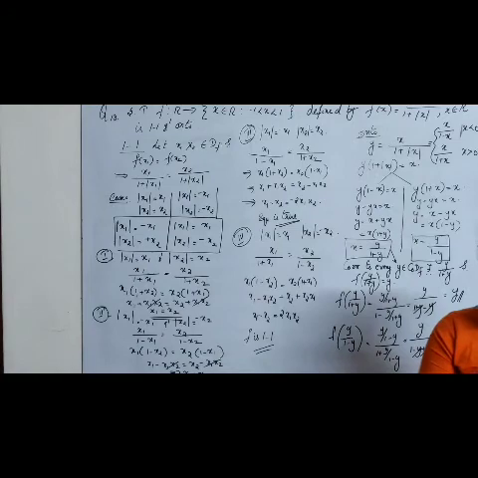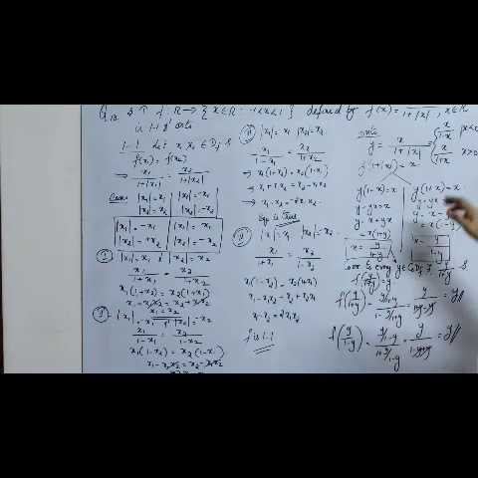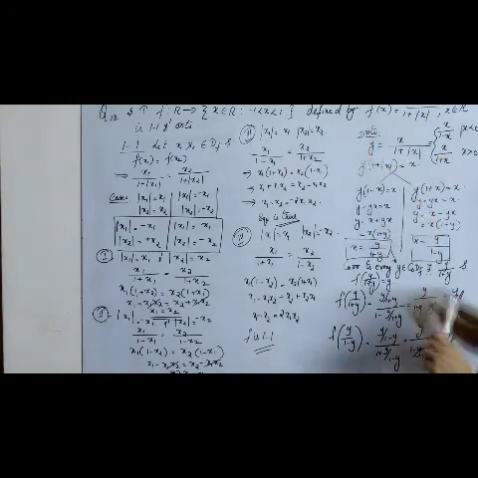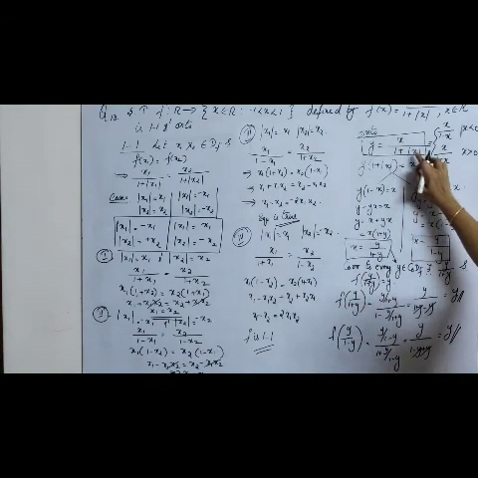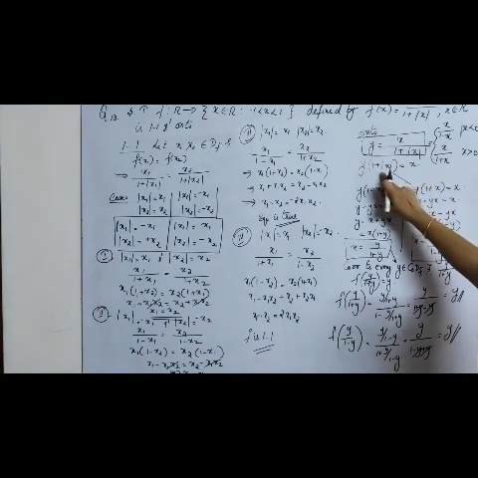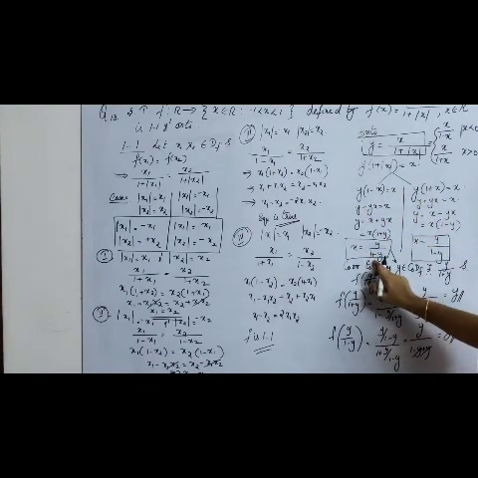How? X was expressed in terms of y. So I was just trying to write, this is our function, right? This function here is of the form y is equal to f of x. Now since it contains a modulus value, it splits this function into two, 1 minus x and 1 plus x, right? Now in this case I found the value of x.